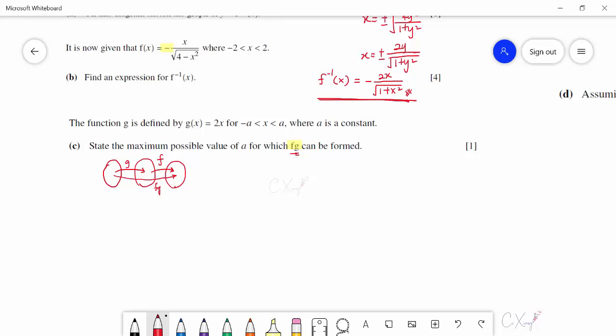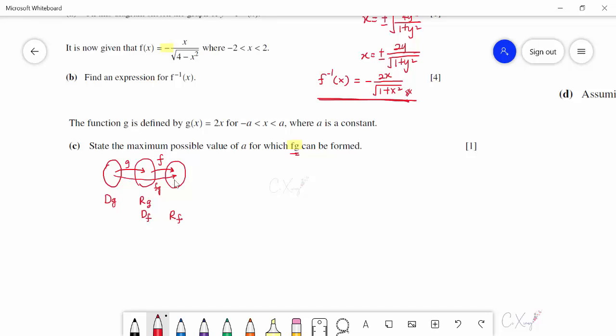If I look at the first circle here, it is the domain of g, because g starts from here. The second circle will be the range of g. At the same time, it is where the function f starts, therefore it will be the domain of f as well. And this last part will be the range of f.